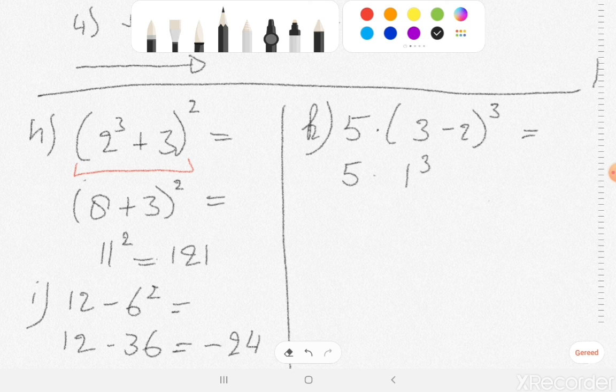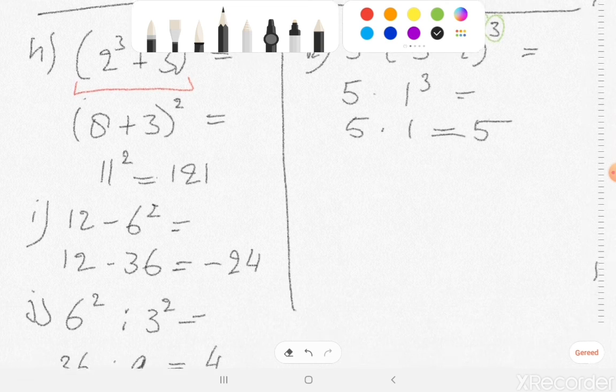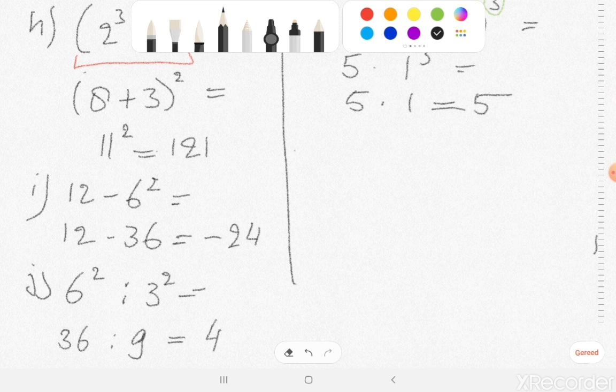To the power of 3 belongs with the brackets, so you need to calculate the answer from your brackets, and then you need to raise that answer to the power of 3. So 1 to the power of 3 is 1 times 1 times 1, so that's just 1. So 5 times 1 is 5. And that's it.